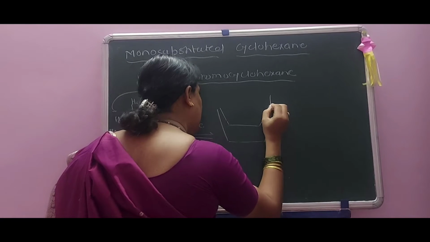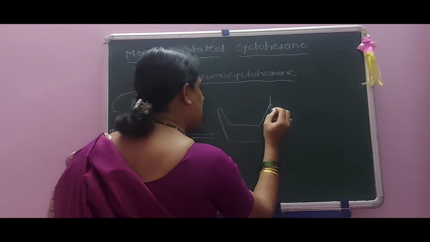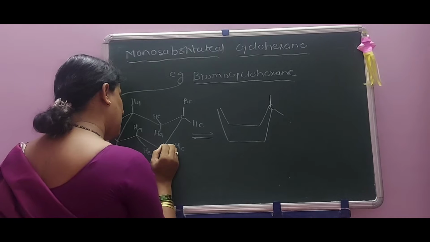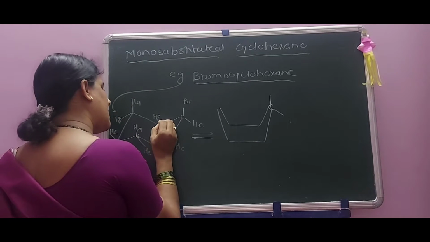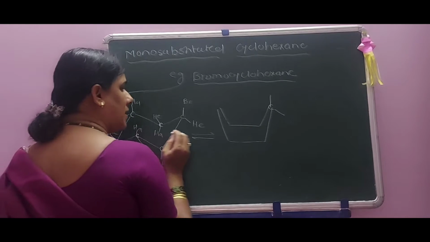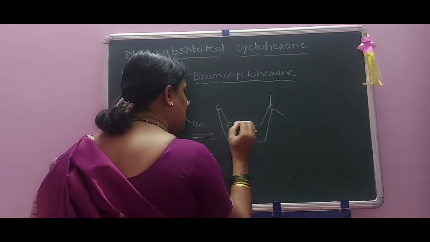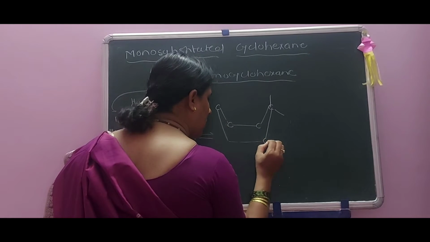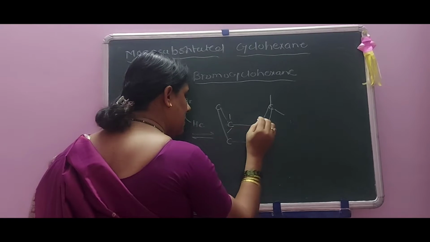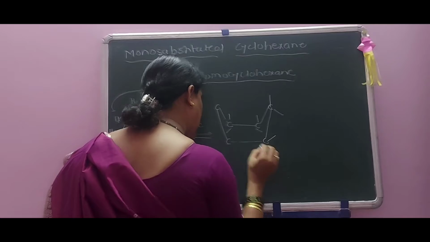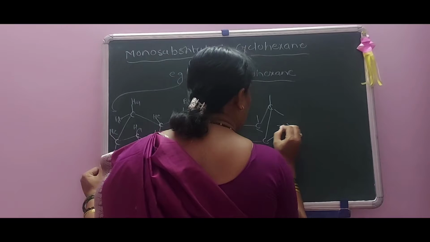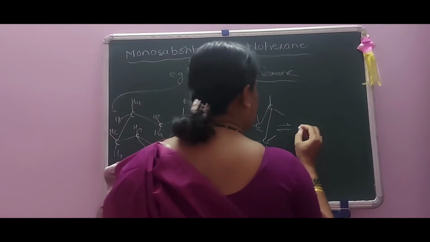In between, we have to draw the carbon atoms: C, C, C, C, C, C. Now here C, here also a C. In this way you can also draw it in your notebook for simplicity.